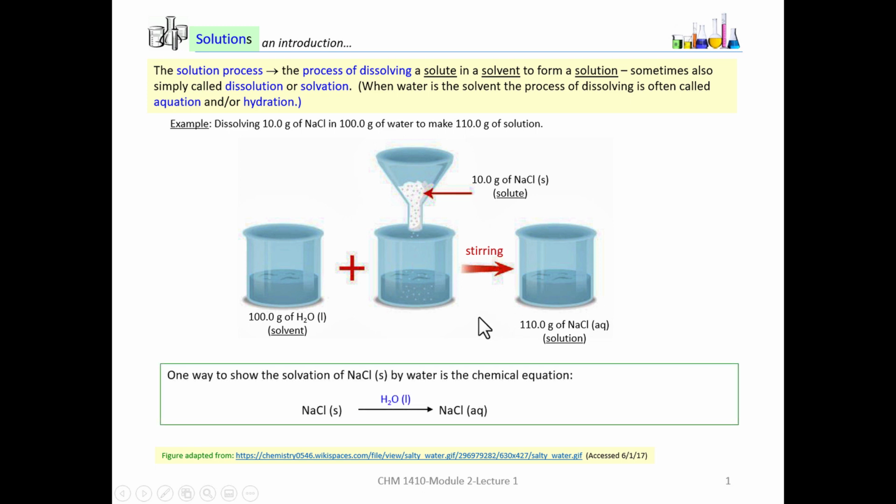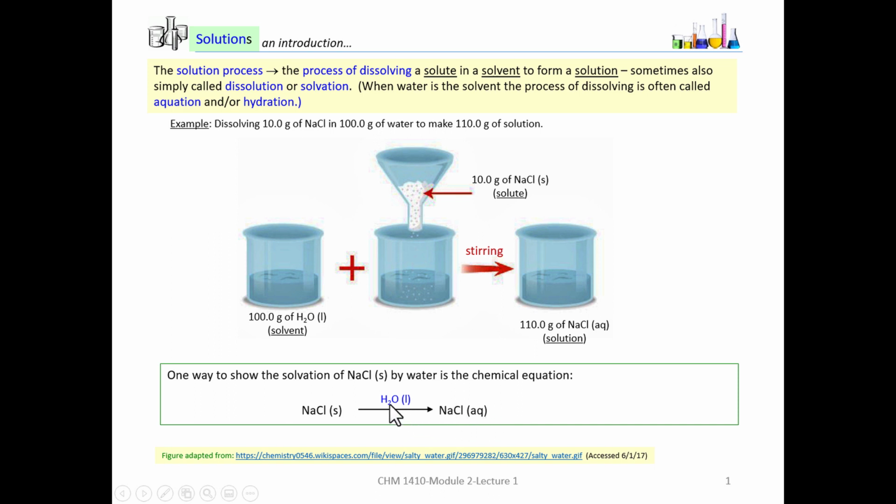We oftentimes don't draw cartoons to try to show the reader what we're doing, so we'll write an equation. So this would be an equation we might write that would represent what we just saw in this cartoon. Solid sodium chloride is dumped into water and dissolves to make a solution of sodium chloride, or aqueous sodium chloride.